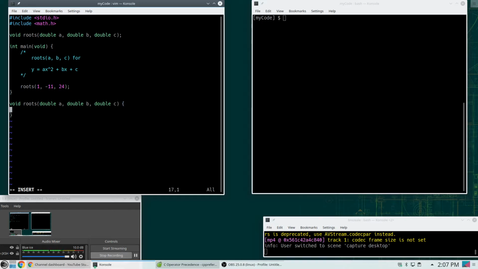So take this right here. And let's put a little logic in here. So if, we'll call it g equals b squared, or let's separate this out actually.